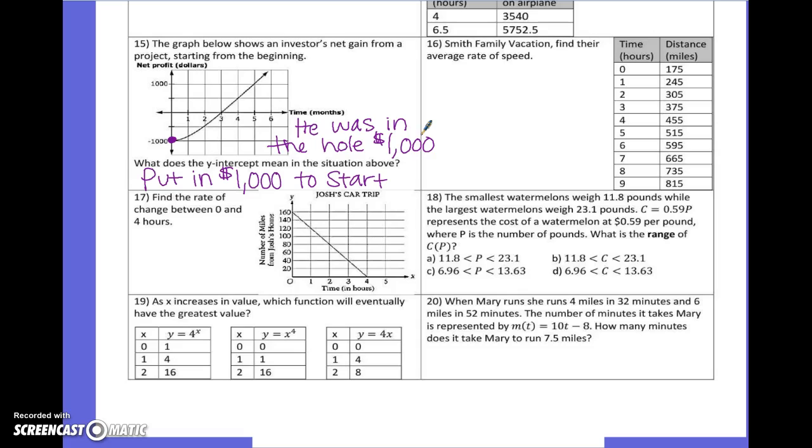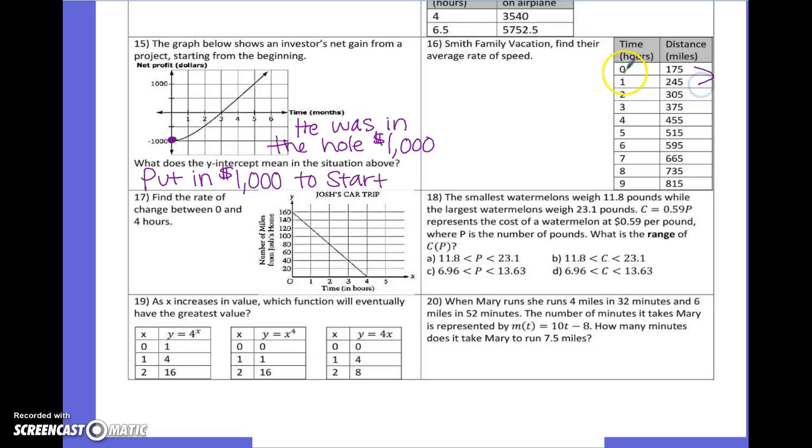Smith family vacation, find their average rate of speed. Notice it's distance and time. If I want speed, it's distance over time. So we're going to find our slope, because the slope is distance over time.